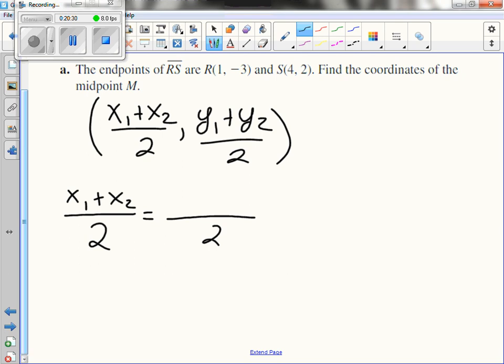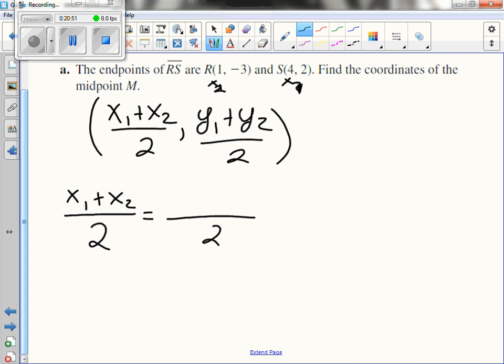Now, the subscript 1 and 2 is just there to signify that they're different numbers. x1, x2, or we can do it the other way and say this is x2 and this here is x1. It doesn't really matter as long as we're plugging in the x values from the 2 points.